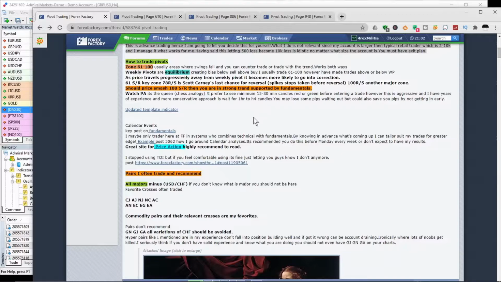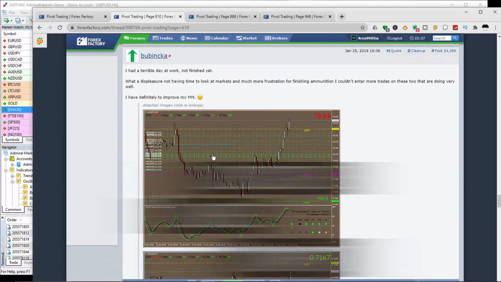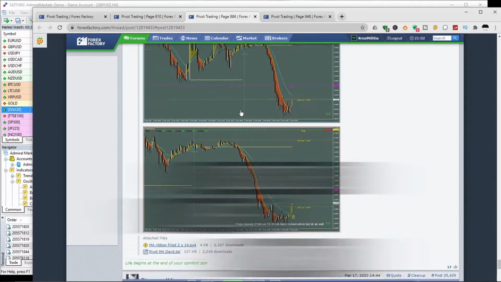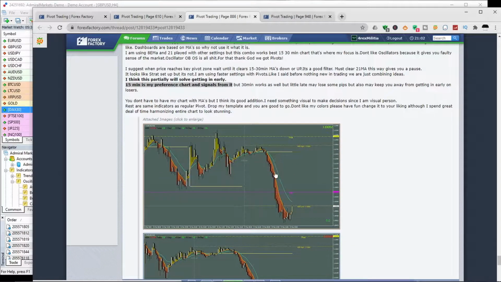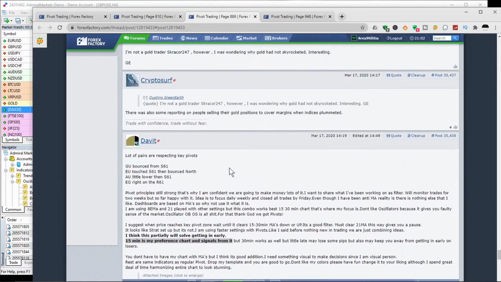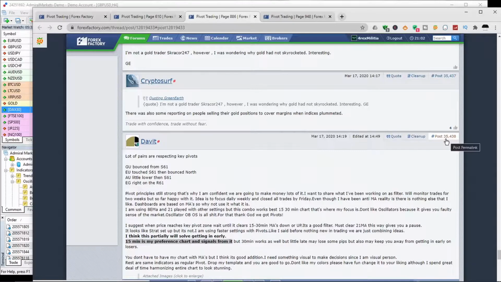From what I've seen on the strategy, you can see some of that here, and I believe this is the indicator that he changed. It's like a moving average that he just pretty much added. You can get that on post 35438.